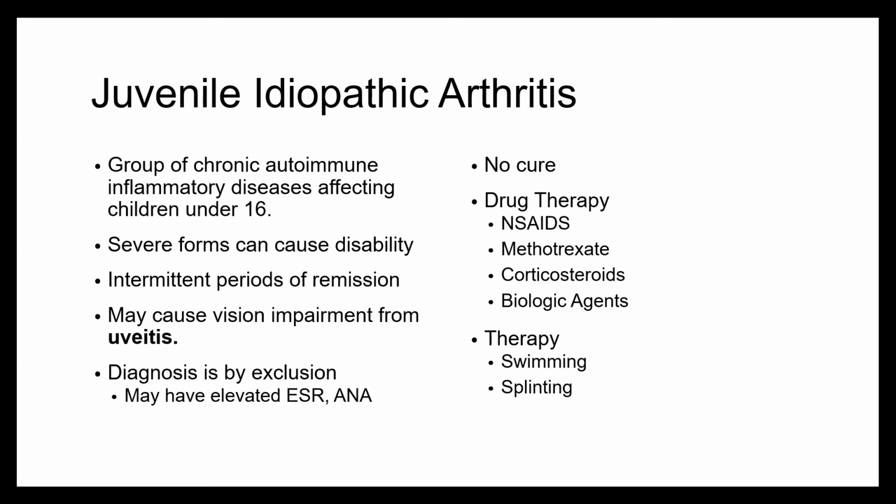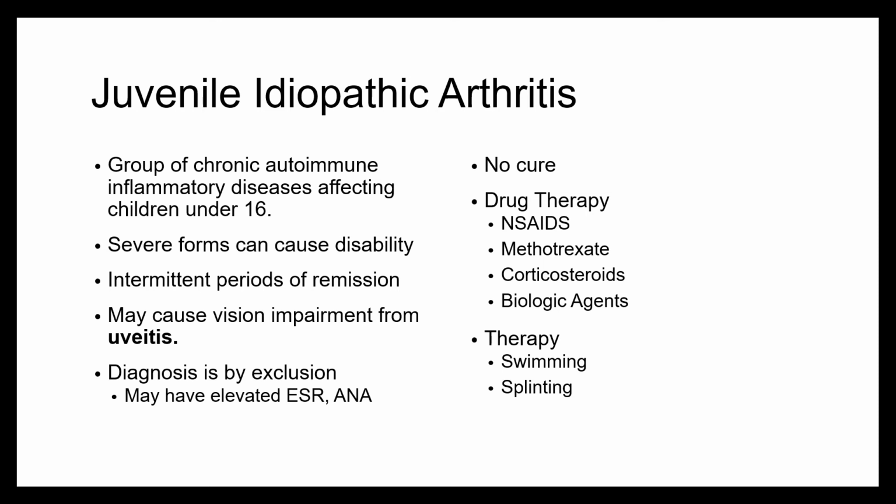This can make it appear that the child is not able to perform motor skills that he or she had recently learned, especially in younger children. Persistent fevers, a rash is also common, and some vision issues such as eye redness or eye pain and blurred vision. Those are all some symptoms that we would watch for and note with juvenile idiopathic arthritis.